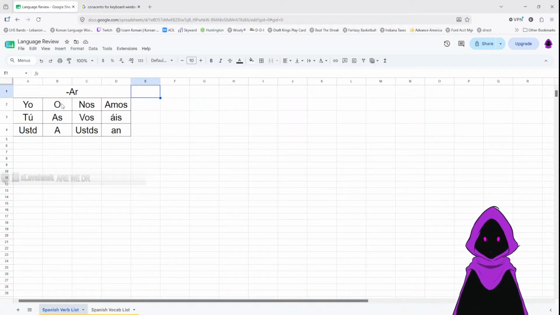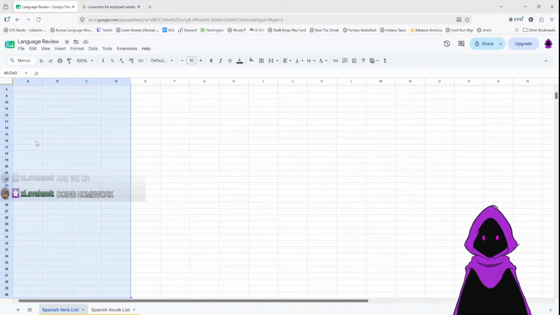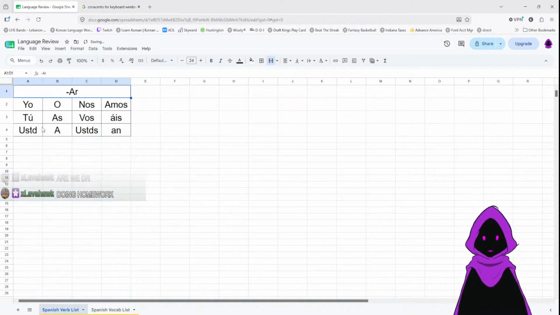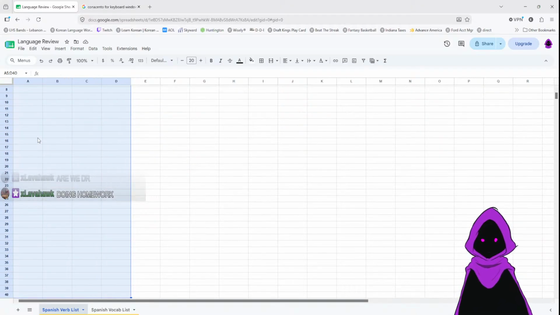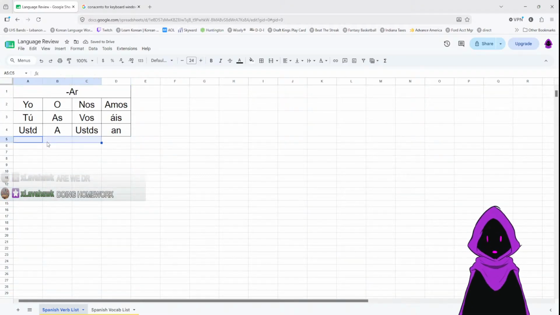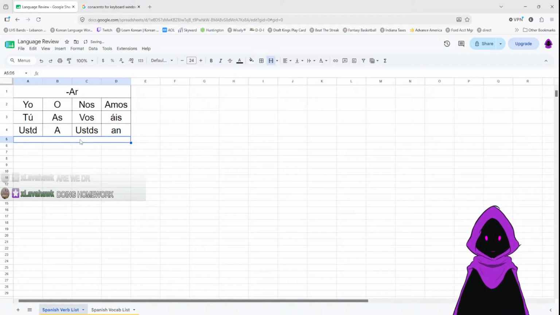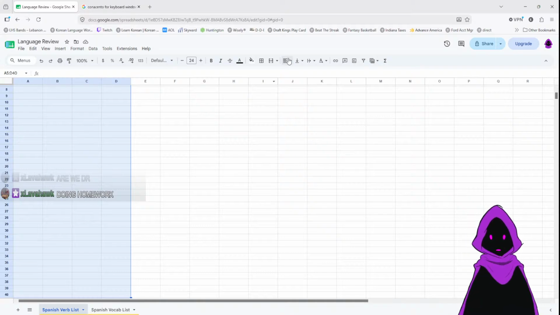Basically, whenever we have an AR verb, let's quickly enlarge all of this to 24. And then we'll merge this and center.